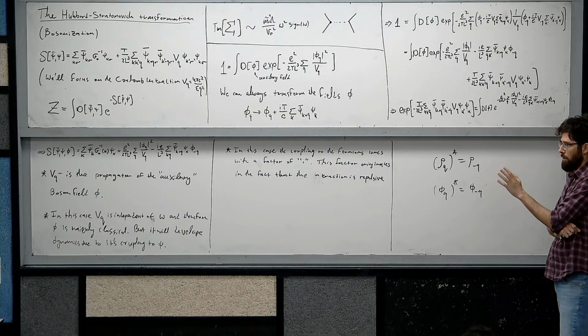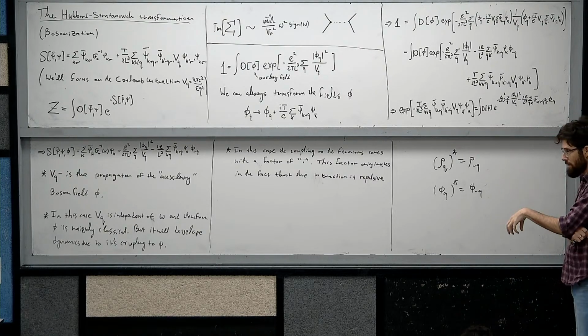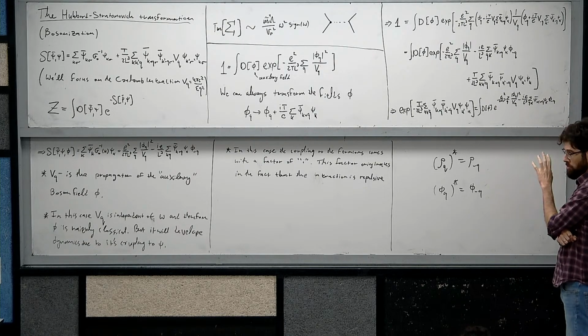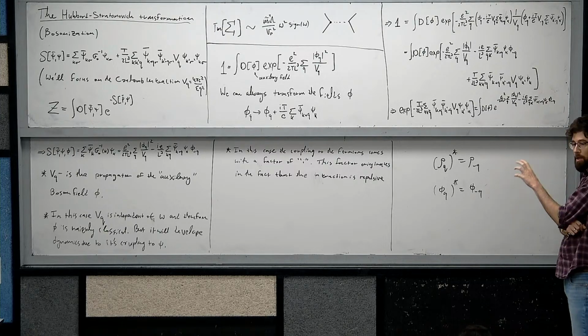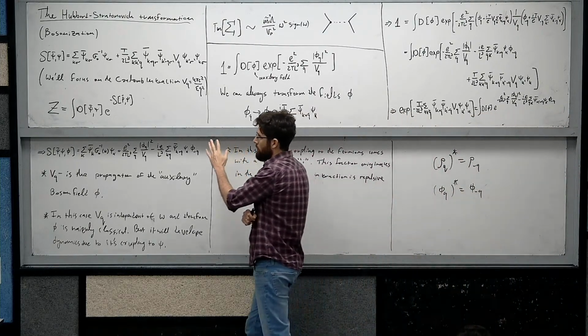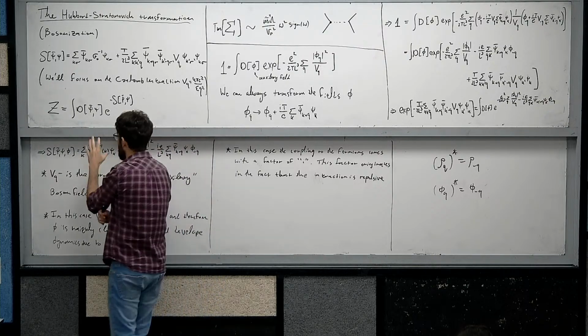I don't know if this is a trick that the devil pulled or not, but living at this era, what we know now, this looks like a very devilish trick, and I'll try to explain to you why. The point is this: if your action is real, if you do this transformation and your action is real, then it means that this field integral, despite the fact that this is a quantum theory, we just bosonized it.